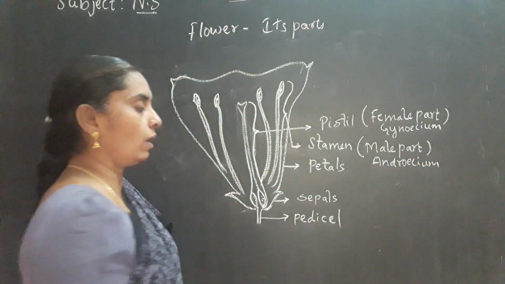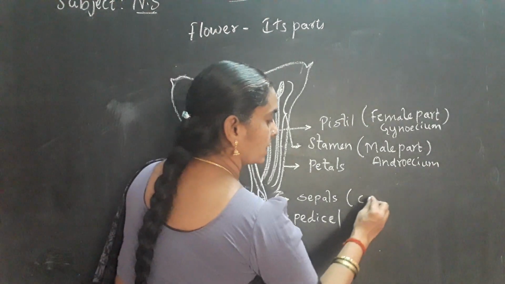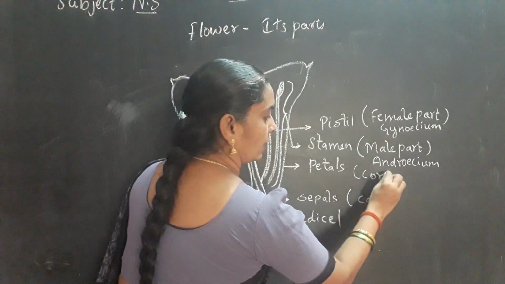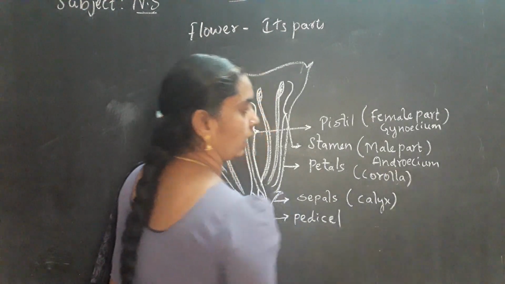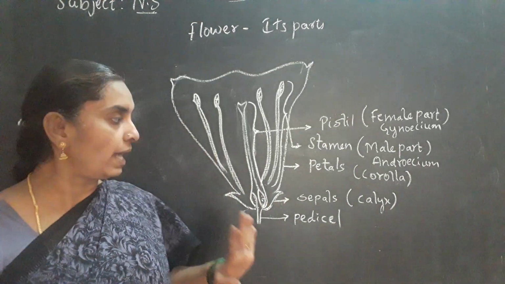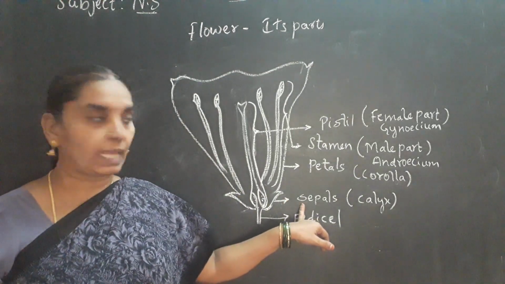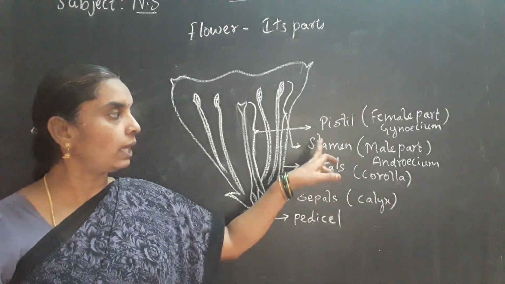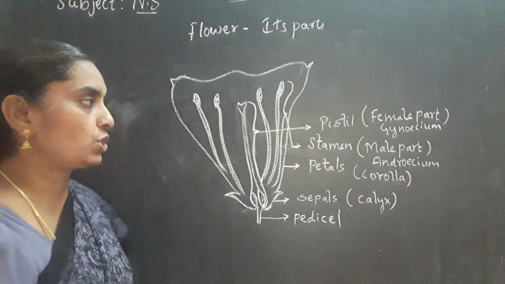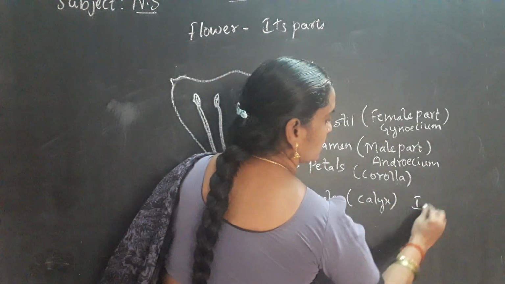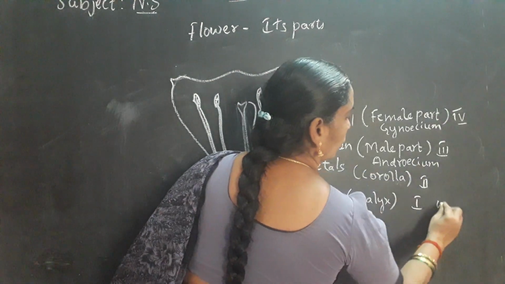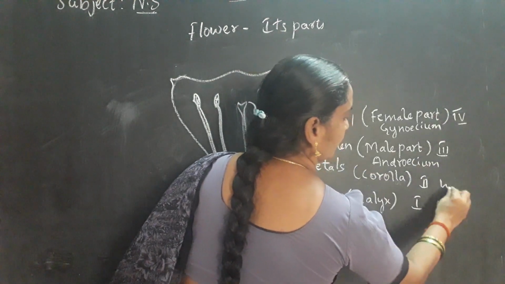Here sepals constitute the first whorl, called calyx, and petals constitute the second whorl, called corolla. So in a flower there are 4 parts. The first whorl is calyx, the second corolla, the third androecium, and the fourth gynoecium. Hope you have understood clearly.